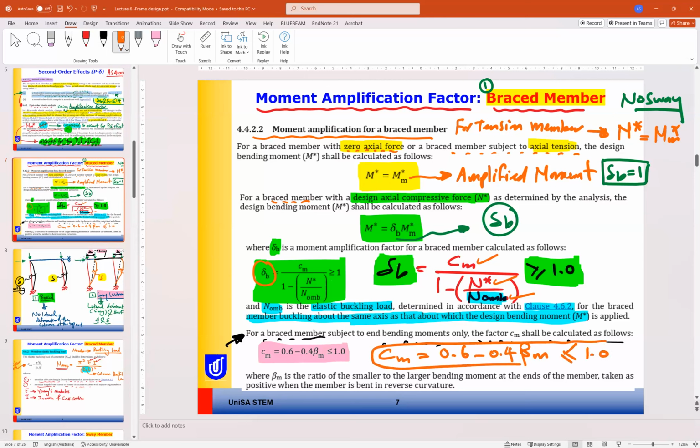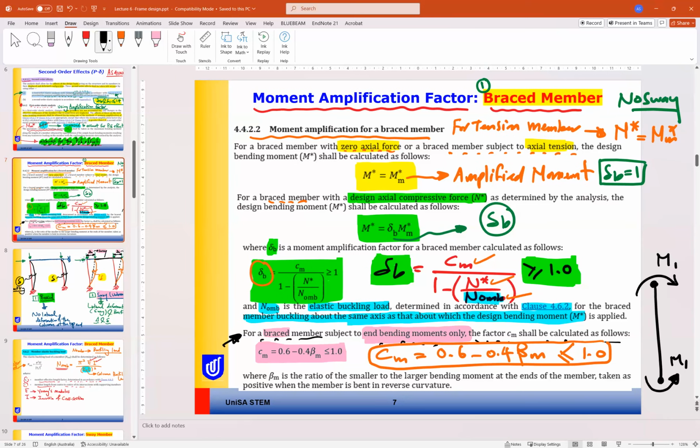So this is the value of Cm, but one condition here: for braced members subjected to end bending moment only. What this means is that the column is under end moments only, M1 and M2, for example. So you can use this formula here.